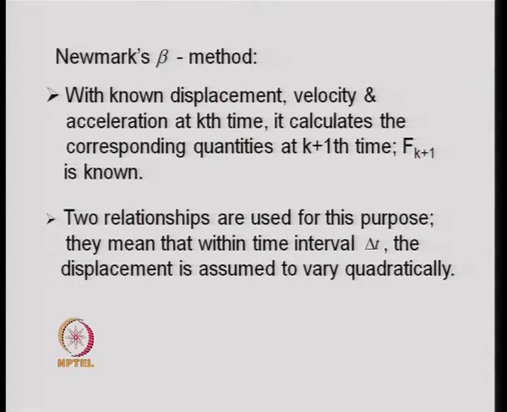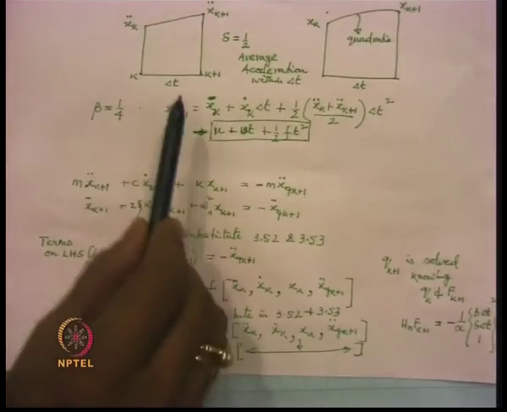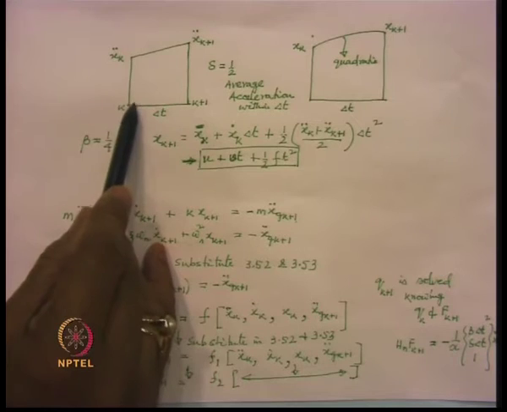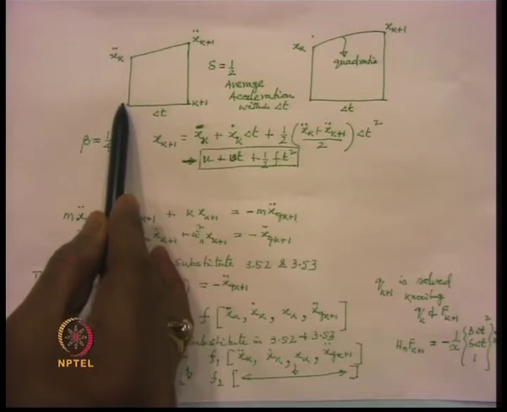Next is the Newmark's beta method. In the Newmark's beta method, we again solve the problem numerically using a time marching scheme, that is, you try to find out the response at time step k plus 1 with the help of the response at time k, which will be taken as known.